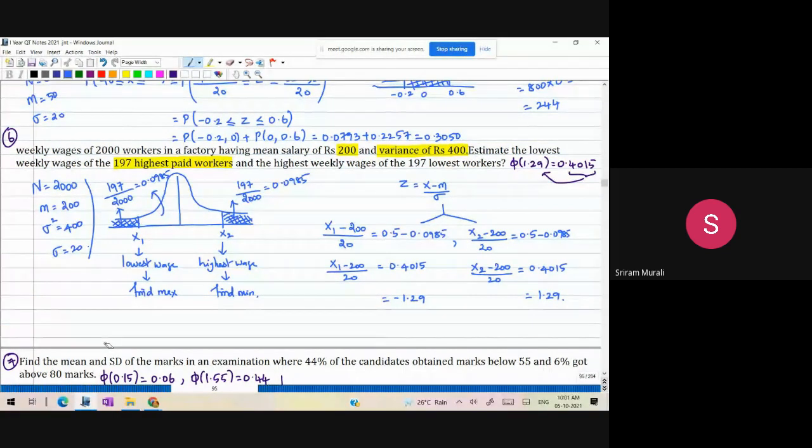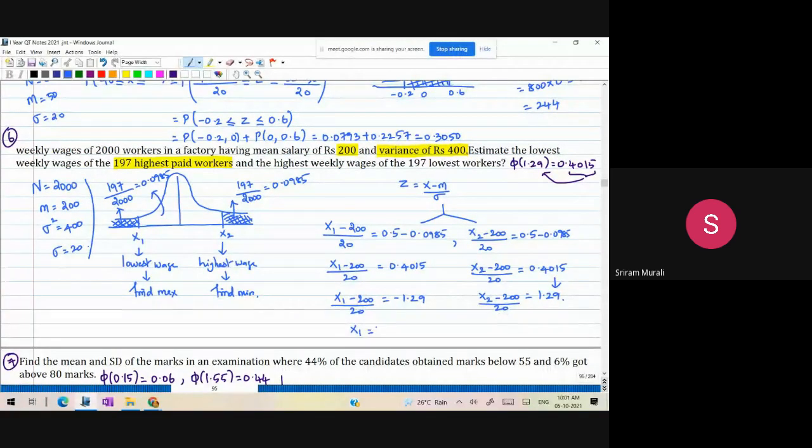So if I calculate the area as positive 0.4015, which is not covered, whose respective z value will be 1.29. But why is it negative? Because of the left hand side. The same value on the right hand side will be positive. Now by solving these two, we get to know what x1 and x2 are.